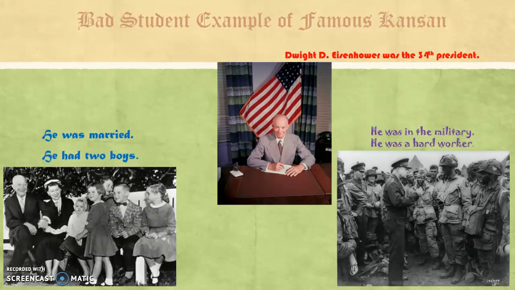First off, where it says bad student example of famous Kansan, that's where they'll put their headings, whatever it may be, early life, you'll see in the upcoming slide, but it's really hard to read again. It's not a good font to be using when you're trying to present to kids all around the room. Another thing is they include lots of pictures with different colored fonts and different styles of fonts, and it's all over the page.